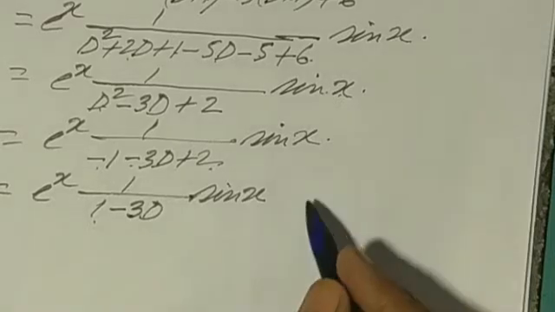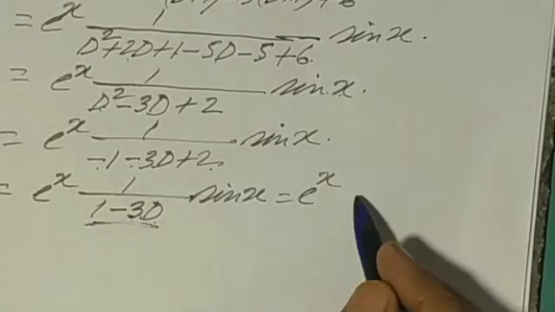Now what to do when a linear function of D is left in the denominator? We cannot replace D square by minus a square because there is no D square. So in that case we need to multiply numerator and denominator by the conjugate of this expression. So we multiply numerator and denominator by 1 plus 3D.